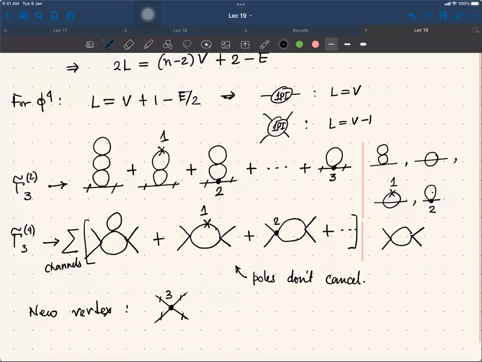So that's what one has to do. Now, one thing that I will discuss now. After adding all these diagrams, all poles will not cancel, and you will also have to add another vertex, a 2-point vertex, to absorb the divergences after summing all these diagrams.